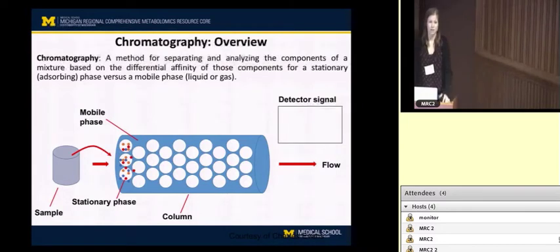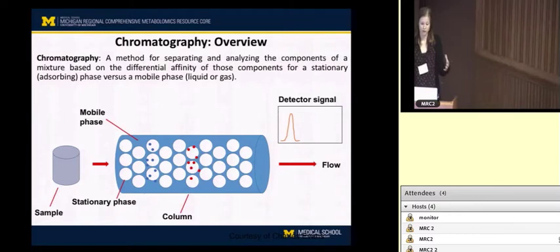An analyte that does not have much of an affinity to the stationary phase is going to migrate with the mobile phase through the column and is going to be detected very early in our analysis. That will be the orange particles in this image. Analytes that have an intermediate affinity to both the mobile phase and the stationary phase are going to be retained for at least a certain time and are going to be detected later than anything that has no affinity to the stationary phase.